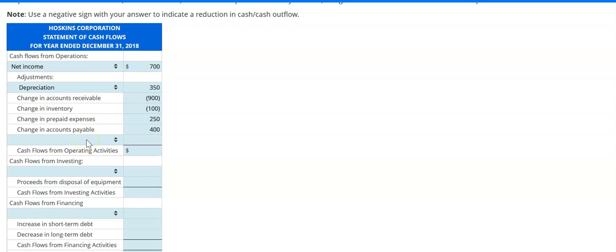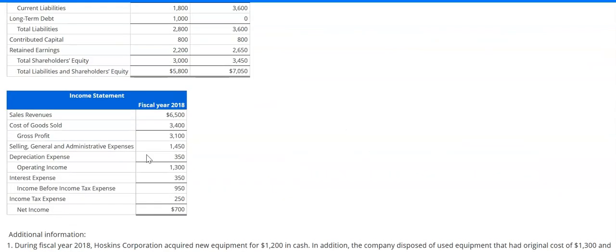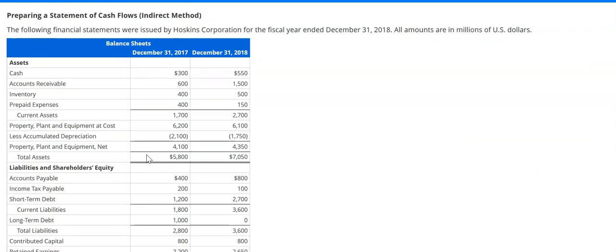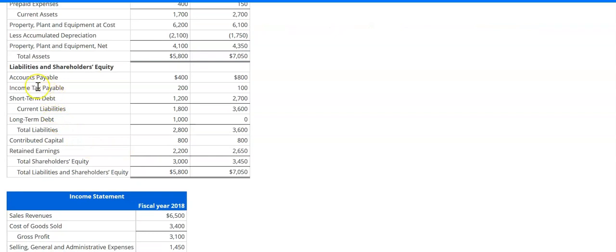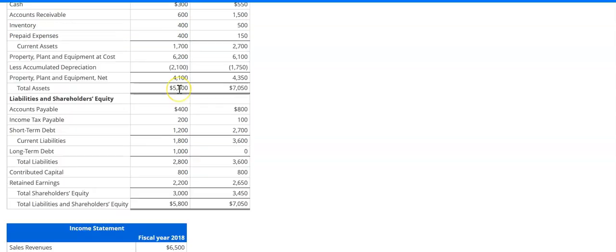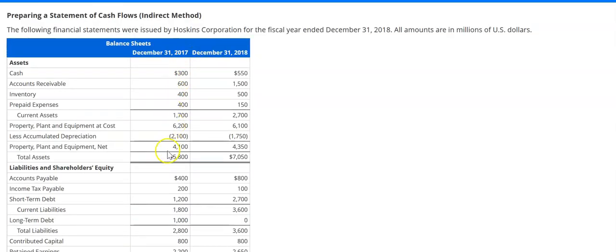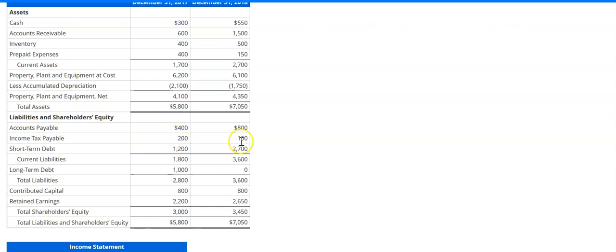A little bit of a hint here, because we have moved past our current assets, and we're now in our current liabilities. It looks like we have one more liability that we have to account for, because cash flows from operating activities is our next item. So let's go back up to the balance sheet and see if we can find that. Okay, so we have income tax payable. At the end of 2017, it was $200. Now it's $100. So it's gone down by $100.